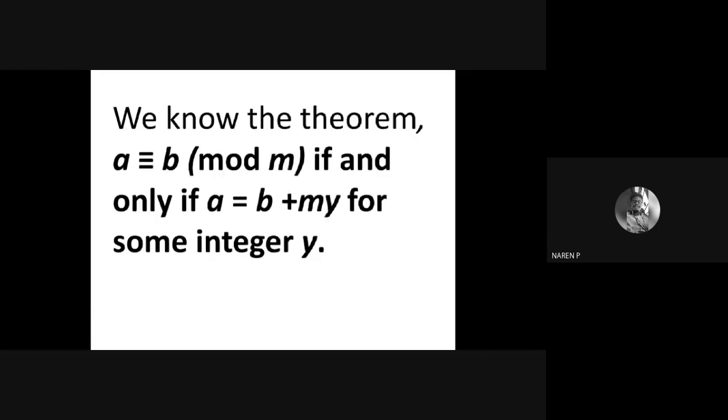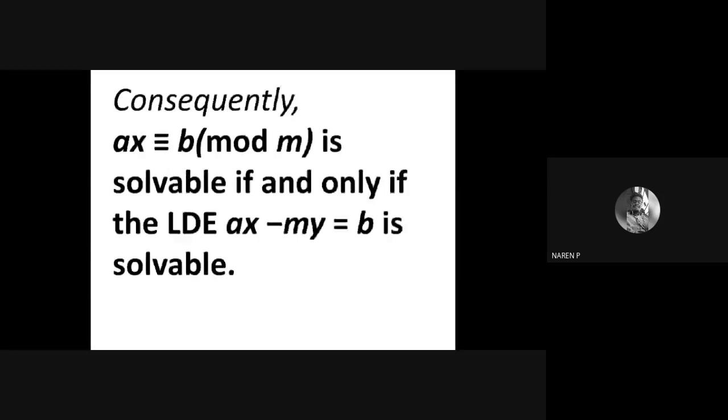Look at the previous theorem: a is congruent to b mod m, which can be expressed as a linear equation, a equals b plus my for some integer y. Consequently, ax congruent to b mod m is solvable if and only if the linear Diophantine equation ax minus my equals b is solvable. Okay, which will be applied when solving the problems.